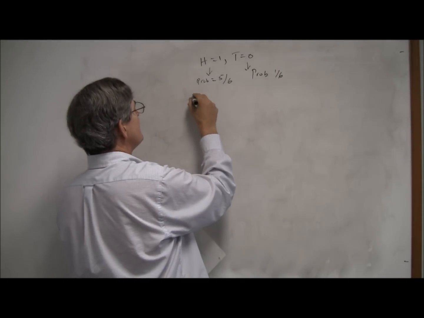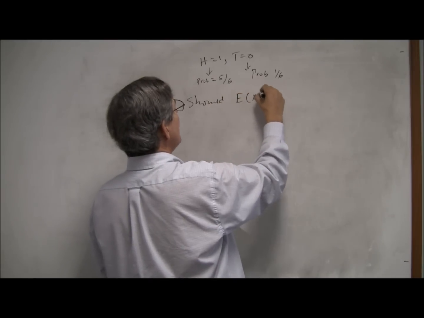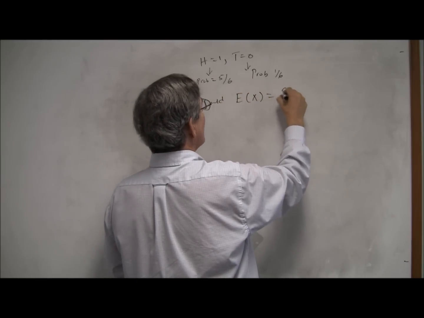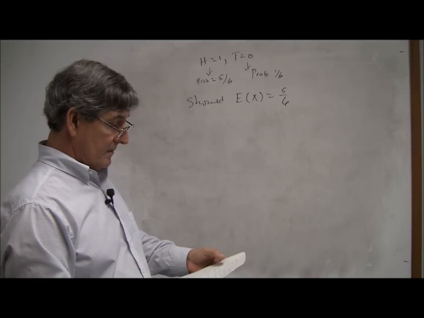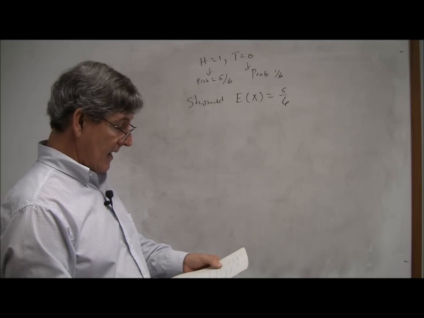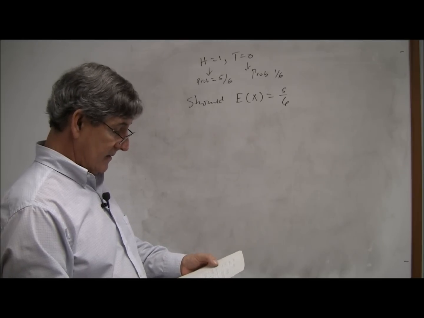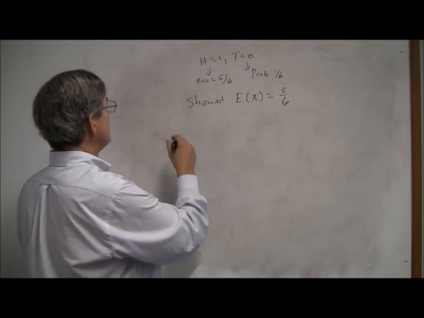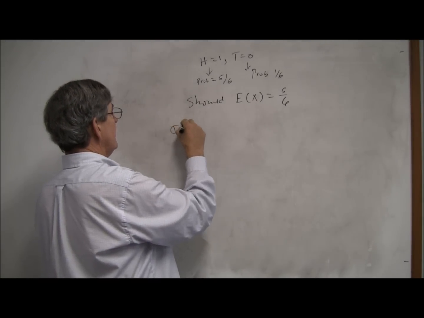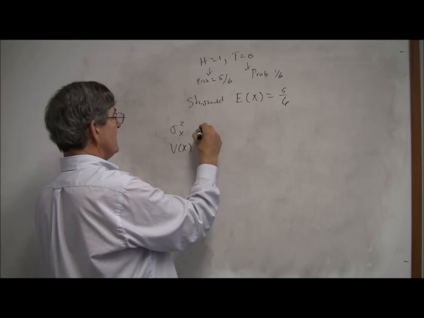Now we showed already that the expected value of x is 5/6. So how do we get the variance of x? Sometimes I'll write this as v of x, using both symbols.